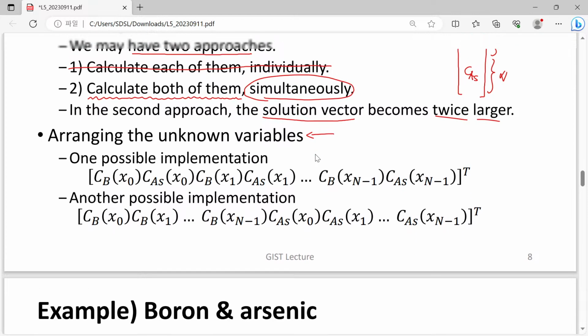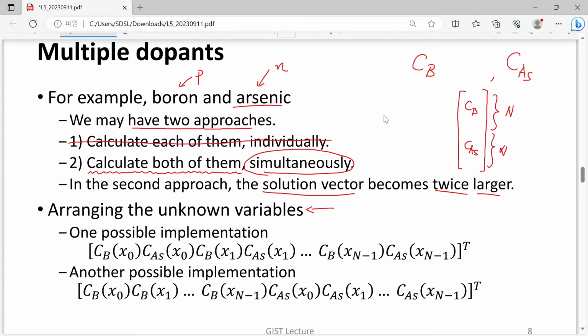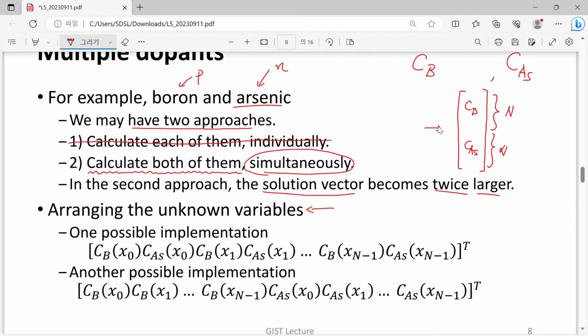So in this simple explanation, I write it down this way: Cb first, and after that, C arsenic. Then it means Cb at x0, Cb at x1, up to Cb at xn minus 1.